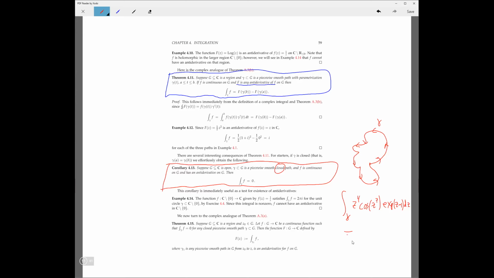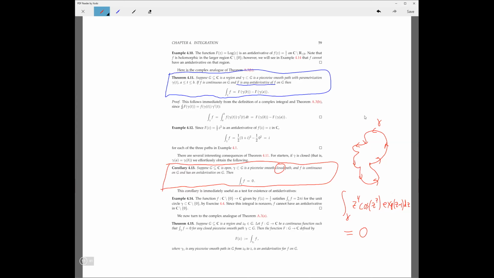Okay, what's the integral of that going to be? 0. Yeah, that's going to be 0. Because we know that this has an antiderivative, but calculating the antiderivative is going to be kind of painful though, right? In fact, maybe impossible in closed form, but we know that it has an antiderivative. So the integral is going to be 0.